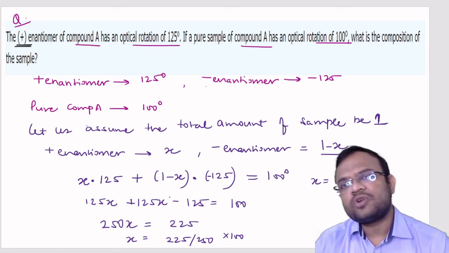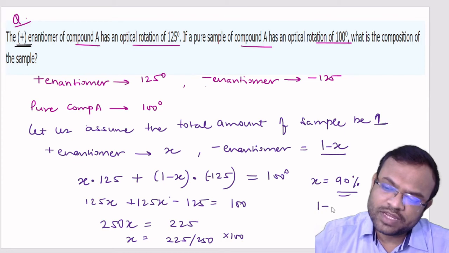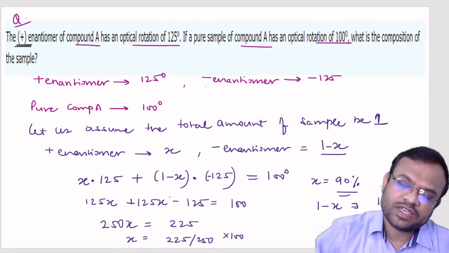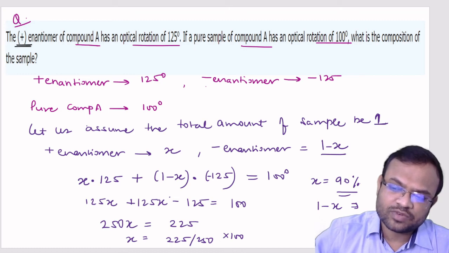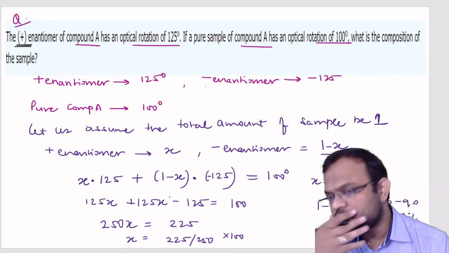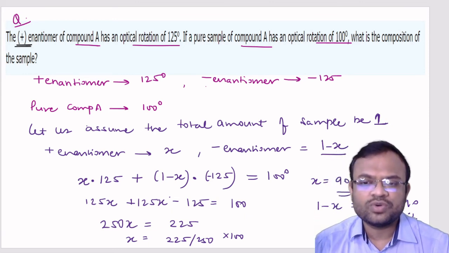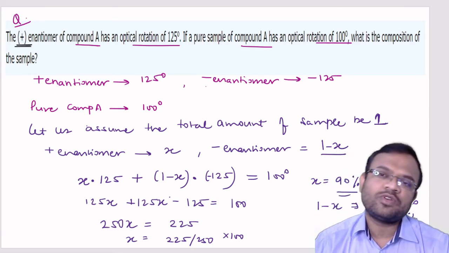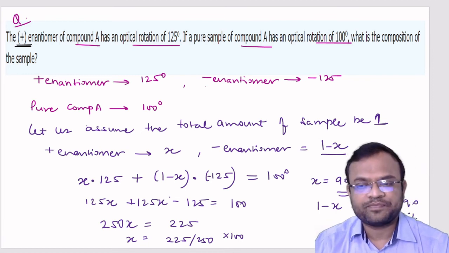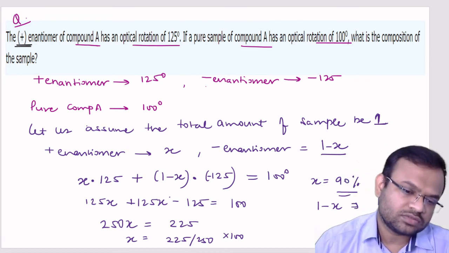Whereas the negative enantiomer would be 1 minus X, or 100 minus 90, which is 10%. So I believe this is clear to you: the positive enantiomer is 90% and the negative enantiomer is 10%. This was the concept.